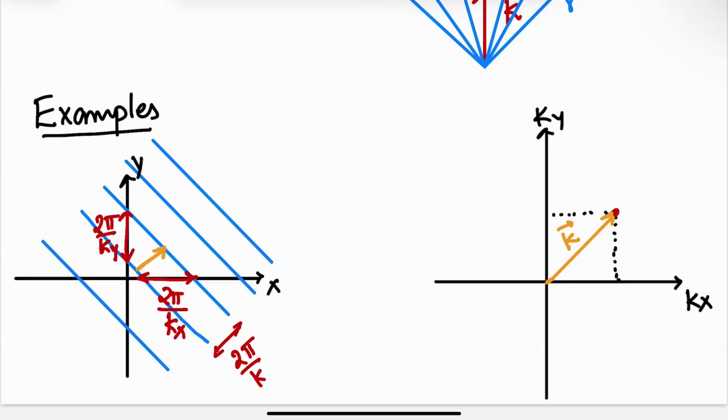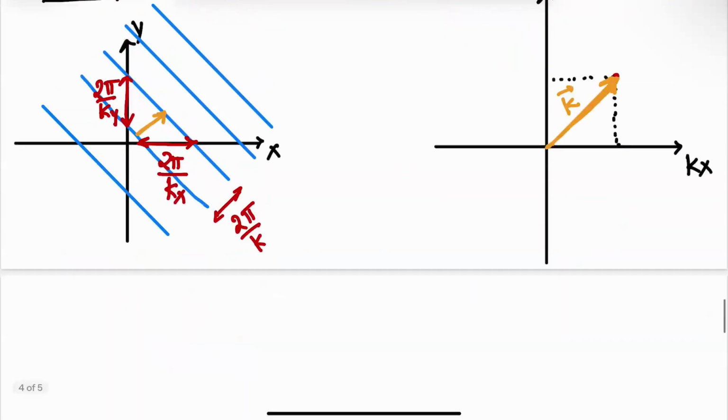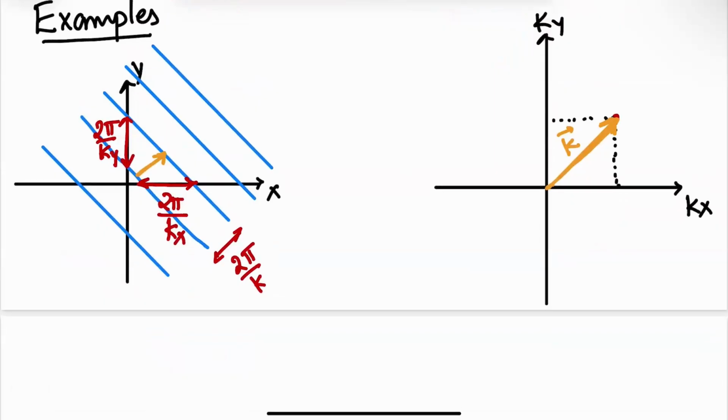And in K space, it corresponds to this point here, and this vector that points to that point. So the K vector essentially tells you in which direction the phase is growing or propagating, and in K space, it corresponds to a location which gives the Kx, Ky, and Kz values.